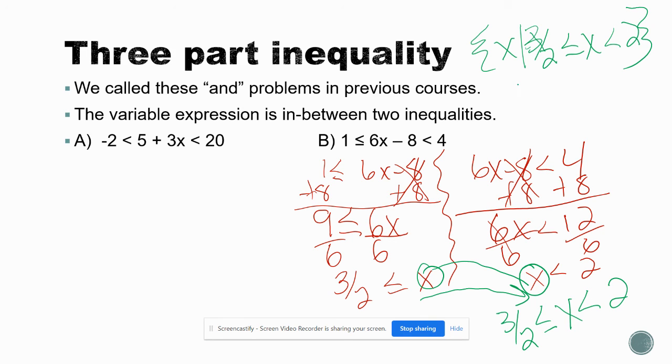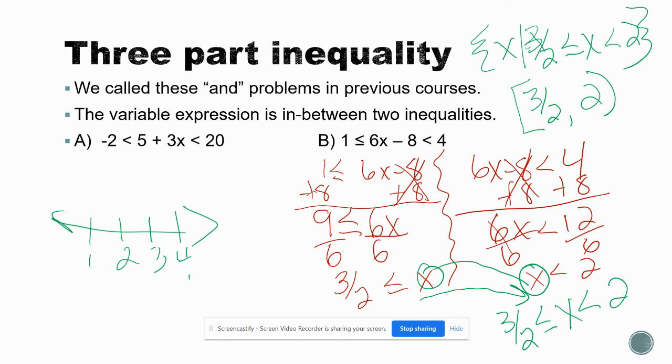In interval notation, the 3/2 is equal to, so it gets a bracket. The 2 is not equal to, so it gets a parenthesis. Three halves is 1.5. So we're going there. 2 is a parenthesis. The x is squished, so the shading gets squished in the middle.